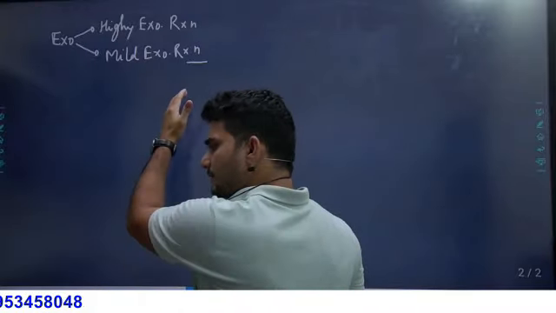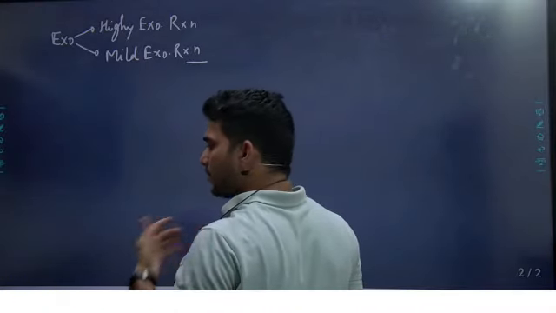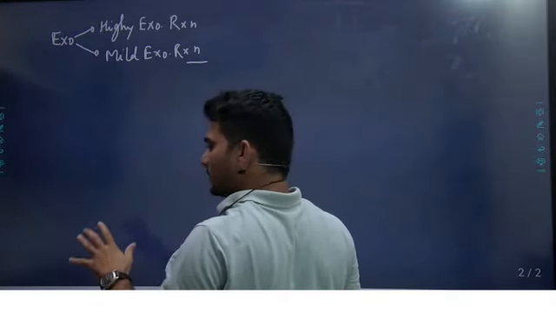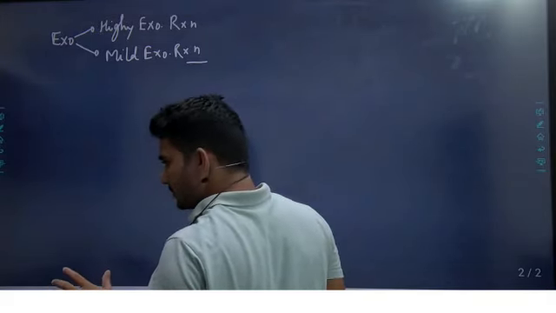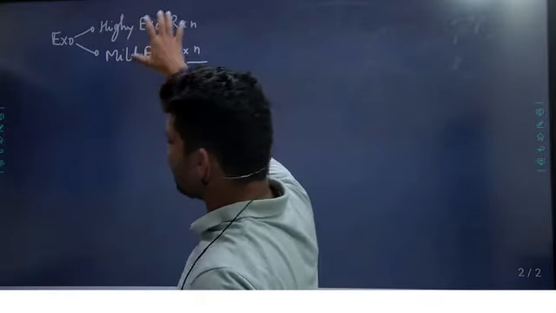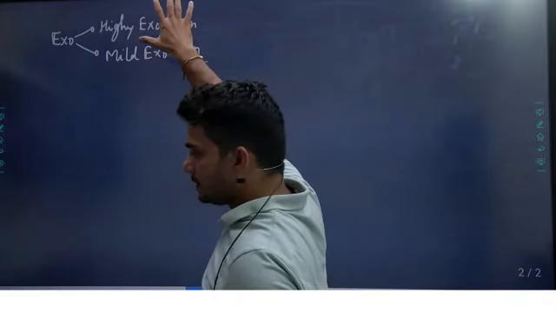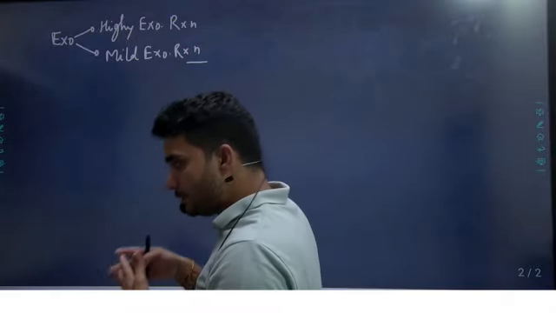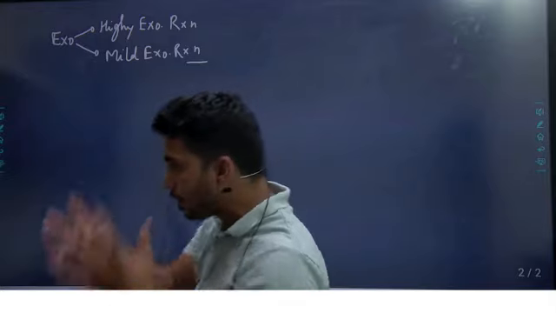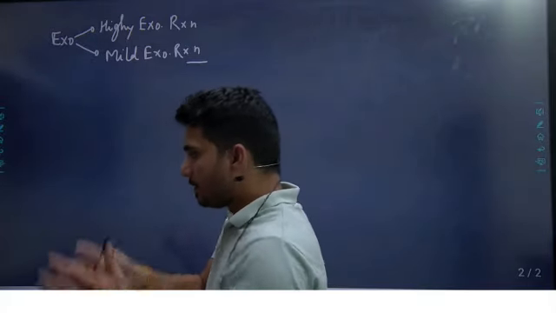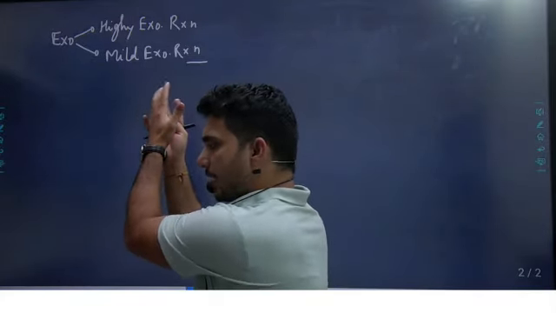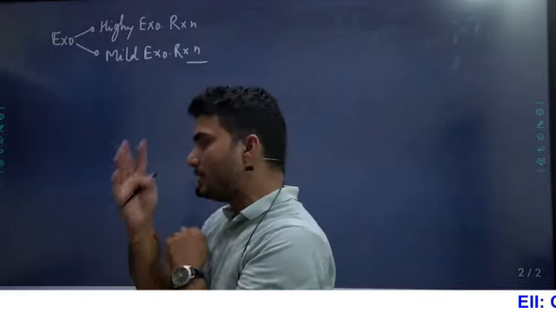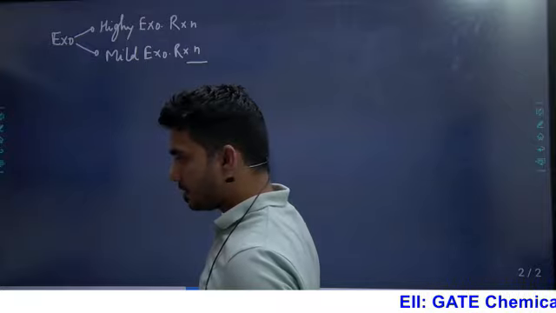The temperature of the reaction mixture inside the vessel will increase. In the case of a highly exothermic reaction, where the liberated heat is very high, we are not able to remove all the heat. For a mild exothermic reaction, we are able to extract all the heat from the reaction vessel.